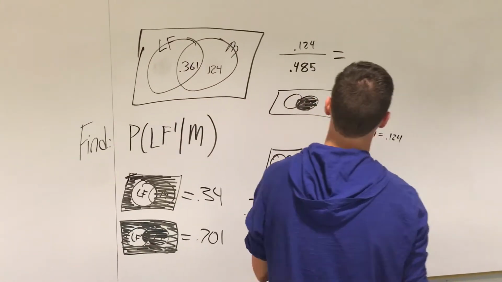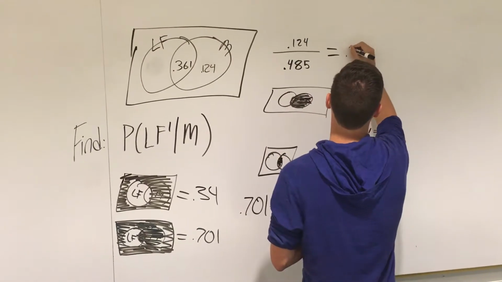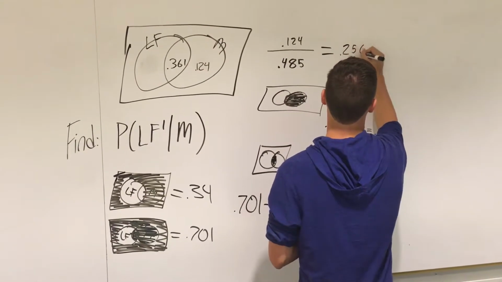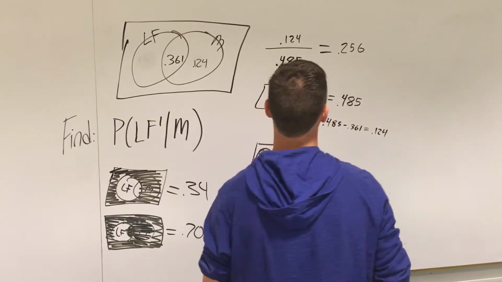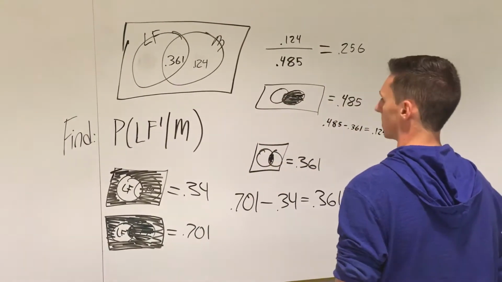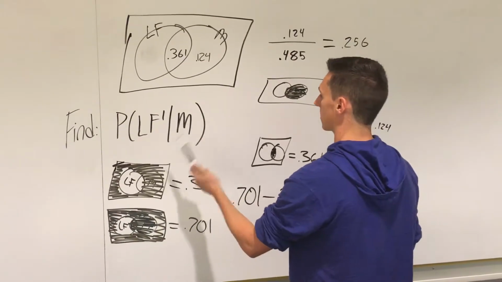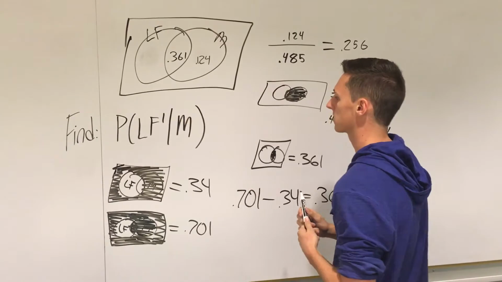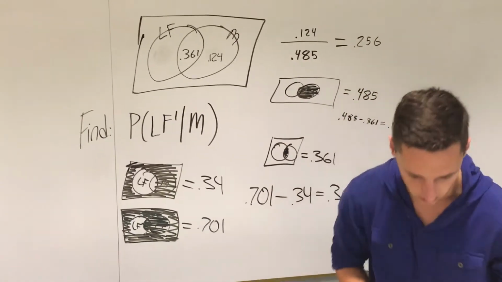So what is this, 0.256? Yes. Awesome. So that would be our probability that they are not in the labor force, given that they're male. I think that's the whole question.